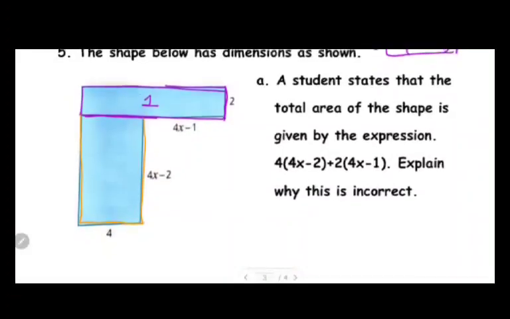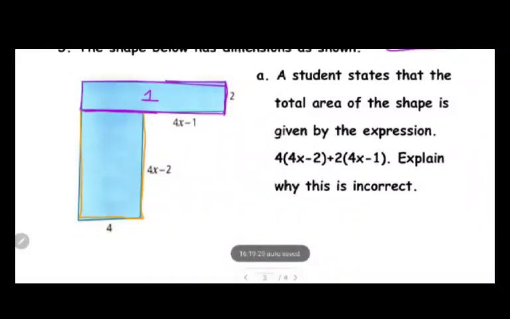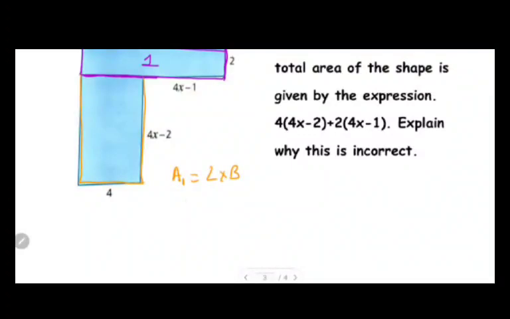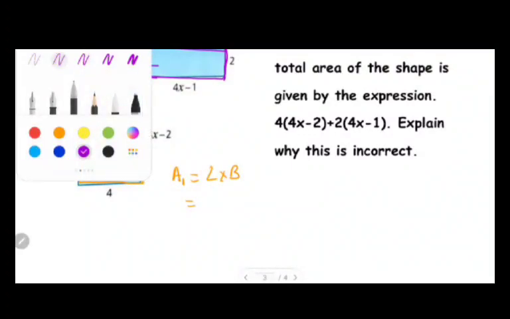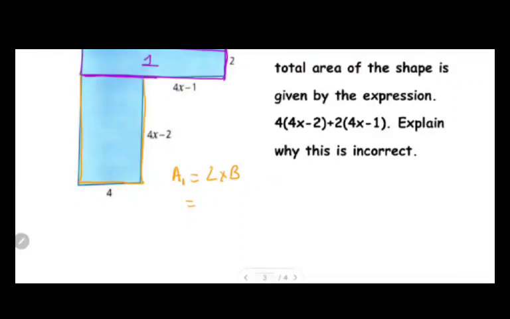Now, if you have to find out the area of rectangle number 1, the area is equal to length into breadth. What should the length be? The longer side is the length. So here till here it is 4x minus 1, and then we have another 4.